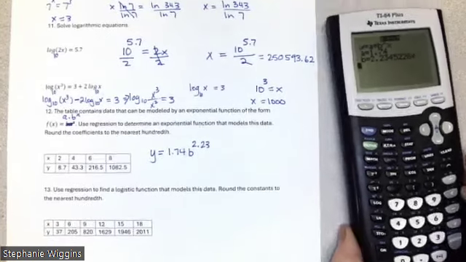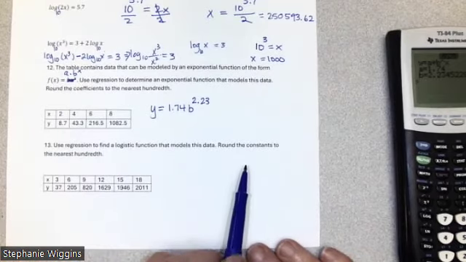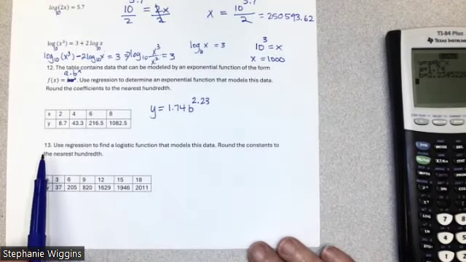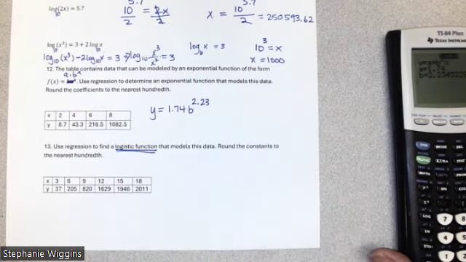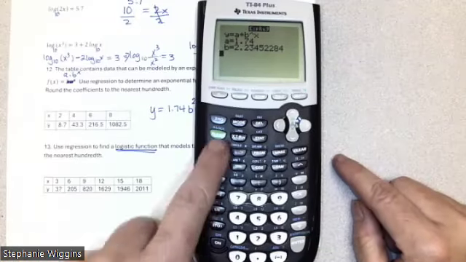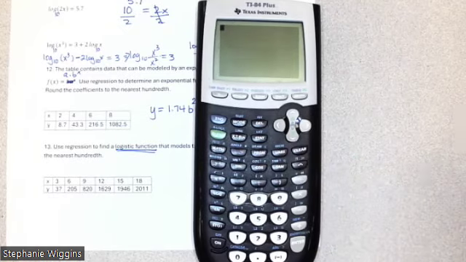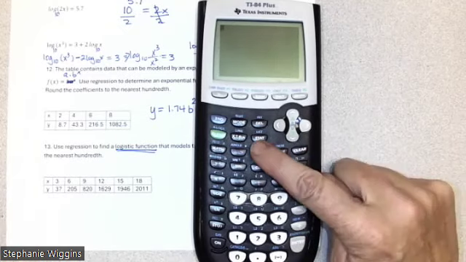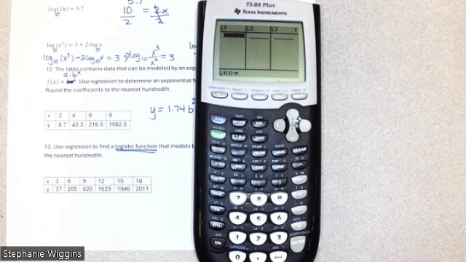Okay, now in the next problem, 13, we are doing regression again, but this time we are doing a logistic function. So to do the regression for a logistic function, I'm going to go ahead and clear everything out and start with stat here. I'm going to edit my lists.